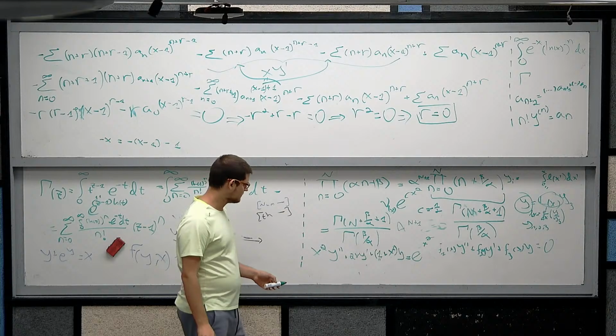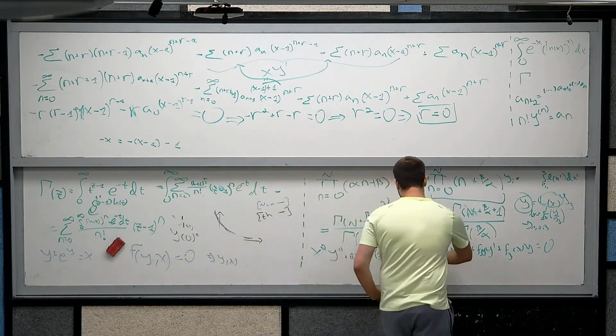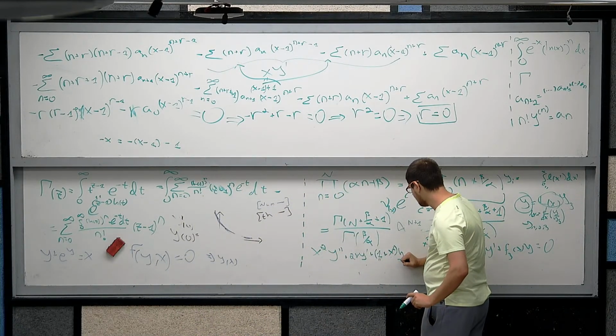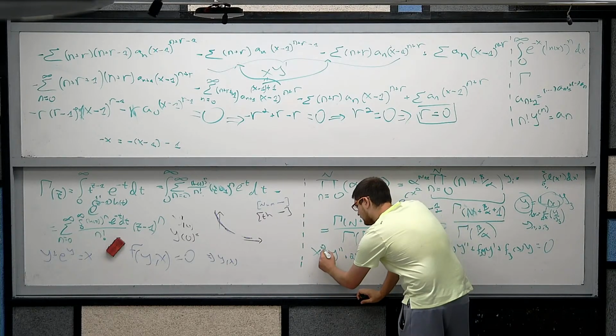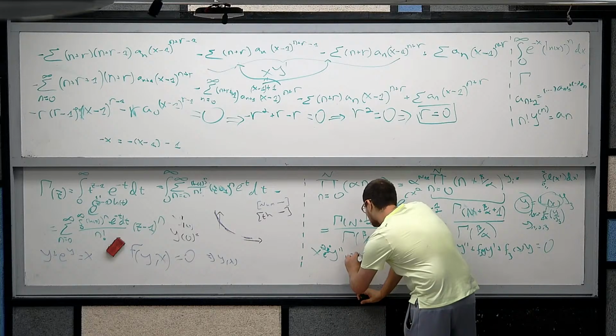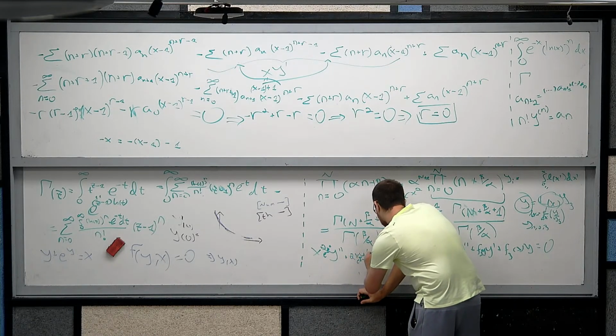You will multiply everything by e to the x squared over 2, e to the x squared over 2, and here e to the x squared over 2.